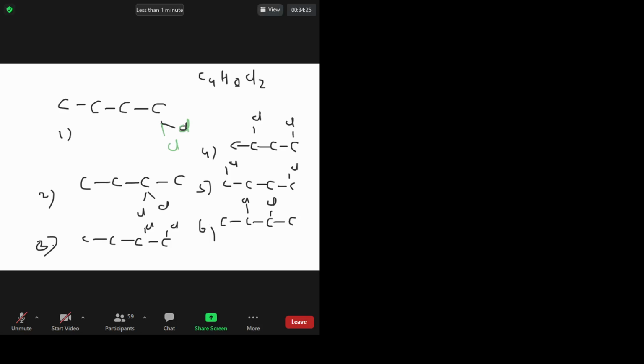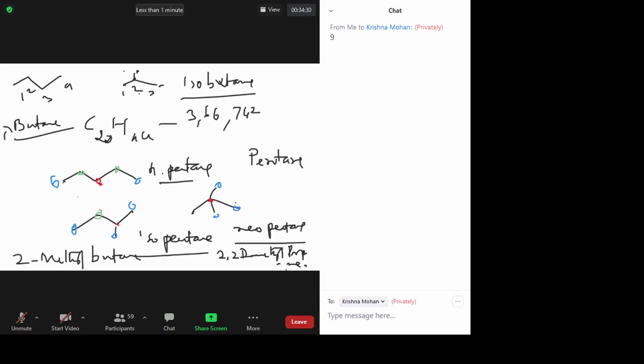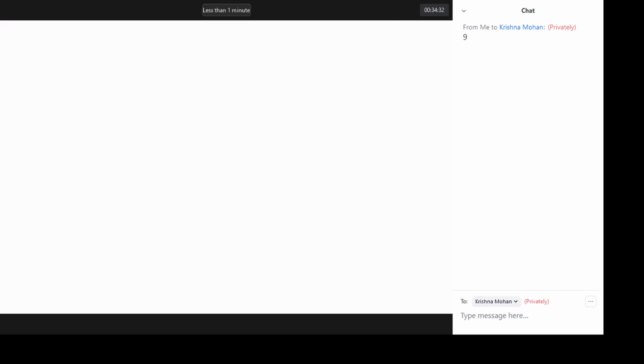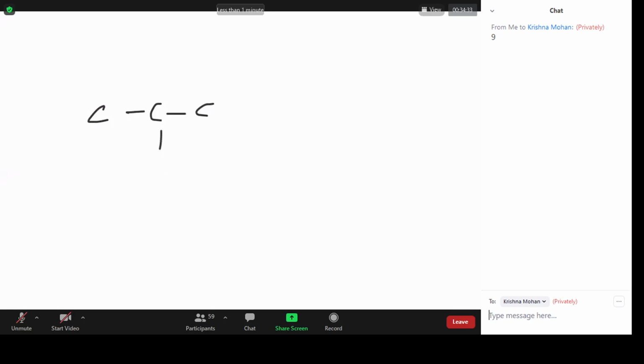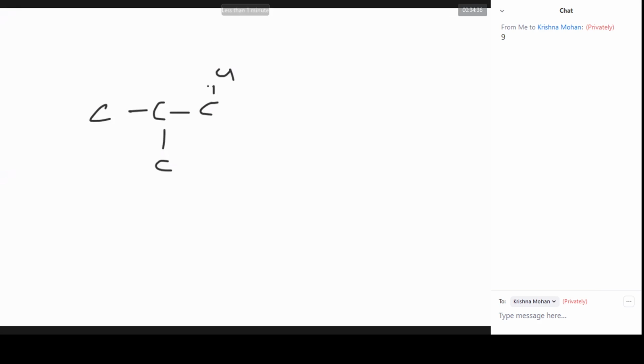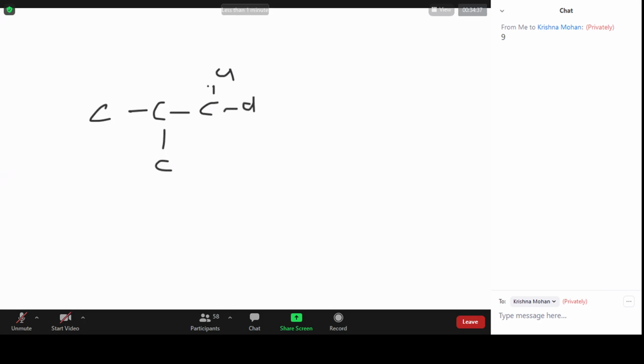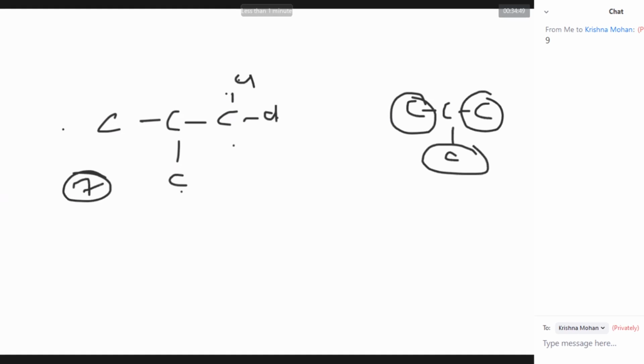Now I can introduce a branched chain, right? Here I will write, so this is branched isobutane. Here I can put two Cls on the first carbon. All the carbons in isobutane are identical. This and this and this are identical. All are primary. So whether I put two Cls here or here makes no difference. This is the 7th compound.